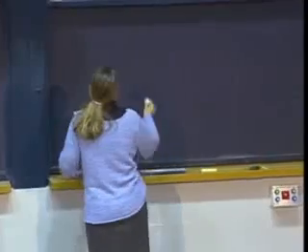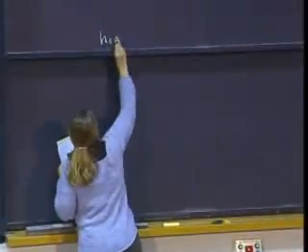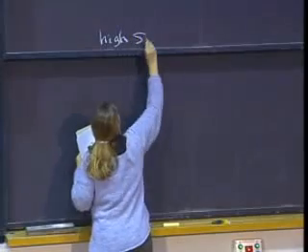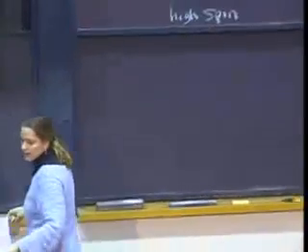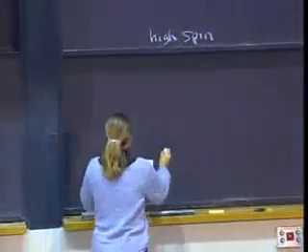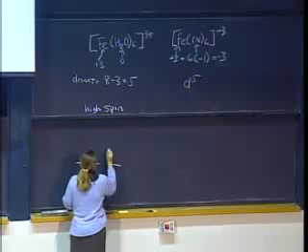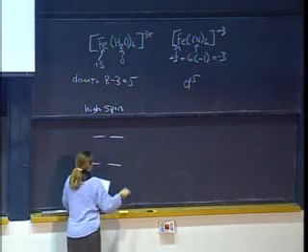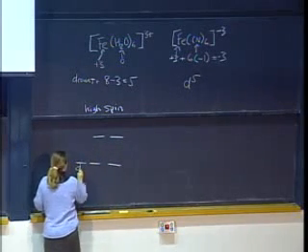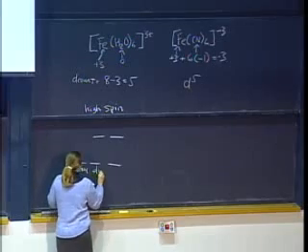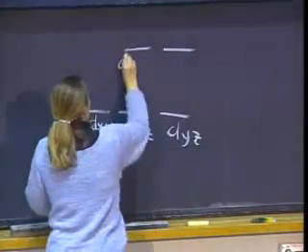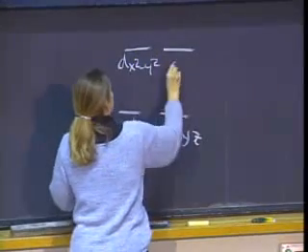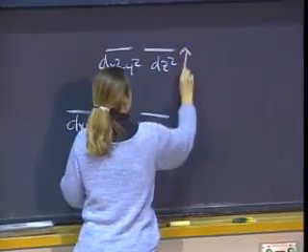This is our high spin case, and we can draw the crystal field splitting diagram for the high spin and put in our orbitals: dx squared minus y squared, dz squared.